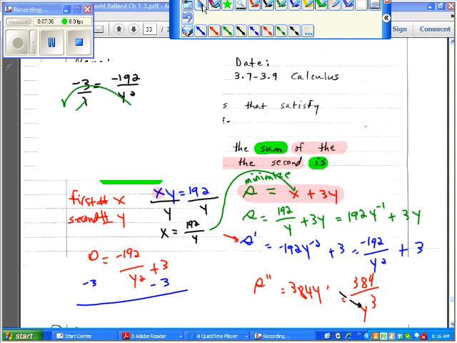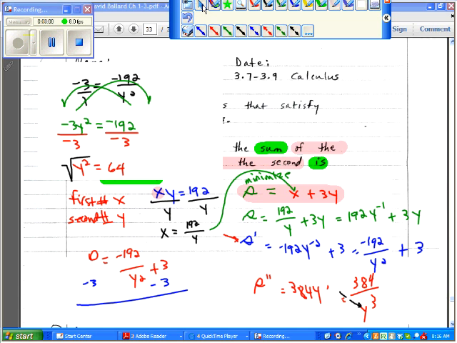So now I'm going to cross multiply. So I'm going to have negative 3y squared is equal to negative 192. Divide both sides by negative 3. We're going to have y squared is equal to 64.